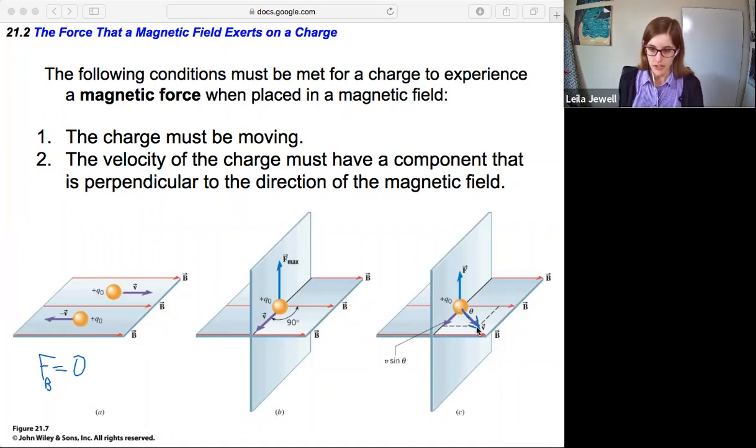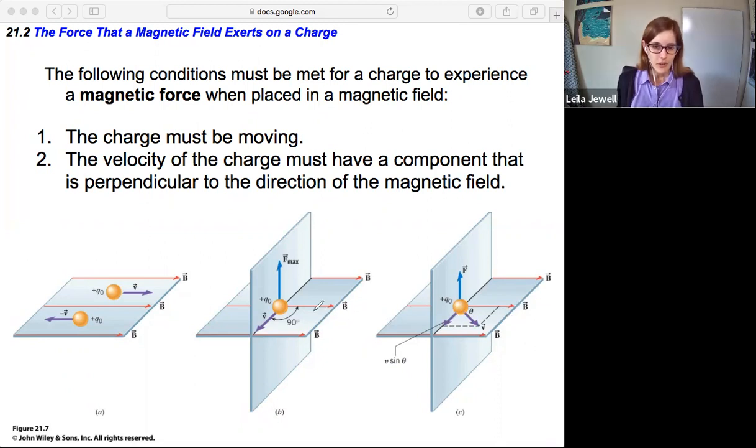It can come out at this in-between angle, but it still has a component that is perpendicular to the direction of the magnetic field. And you could show that that component is given by v sine of theta. So that's going to appear in our equation as well, because we most care about the velocity that is perpendicular to the magnetic field. And that's when we're going to get this magnetic force.